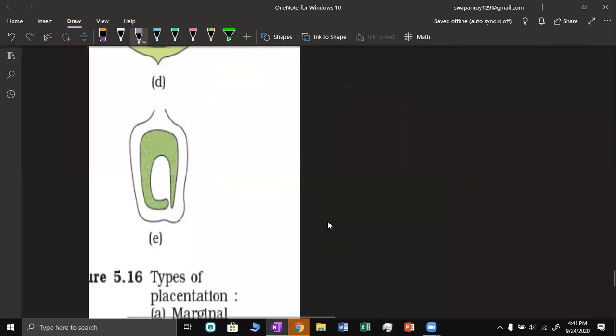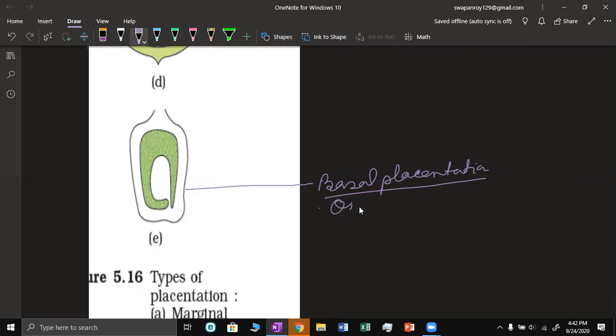Finally, this one is the basal placentation. In this type of placentation, usually the ovary is one-seeded. The fruits are one-seeded, only one seed.